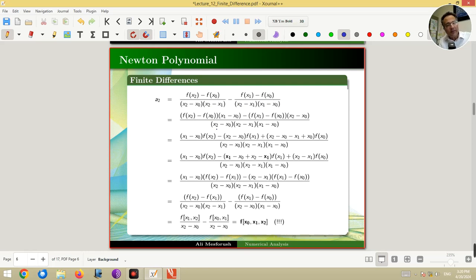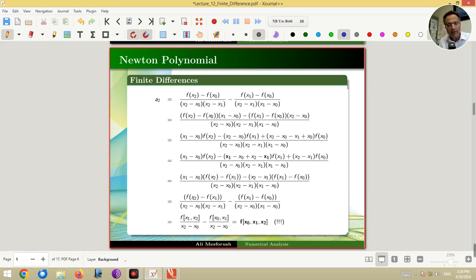You consider the denominator as the multiplication of these three terms and multiply the denominator of the first fraction by x1 minus x0 and minus this one. These are some very easy computations that you are familiar with from high school. Now multiply these two parentheses and these two parentheses. If you do the computation, finally you can get something like this.